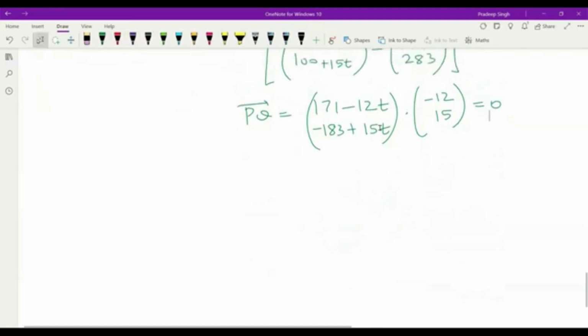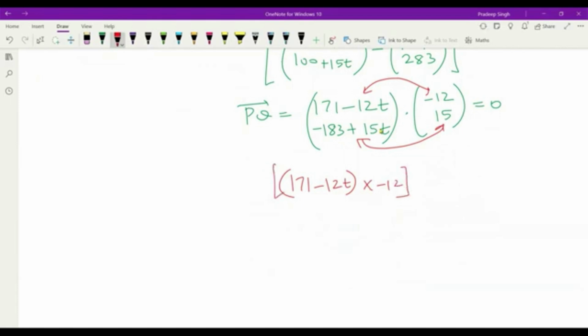Whenever we take the dot product, we multiply the x components together, multiply the y components together, and then add them. So 171 minus 12t will be multiplied with -12, and the y coordinate, -183 plus 15t, will be multiplied by 15, and we add these.